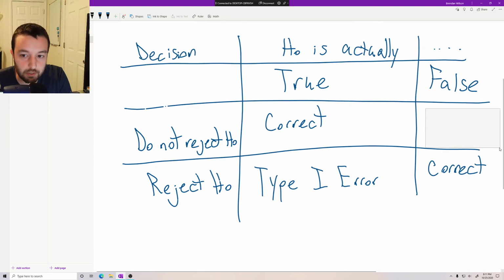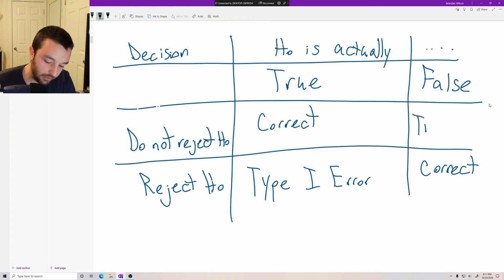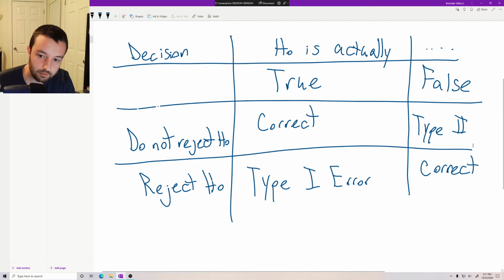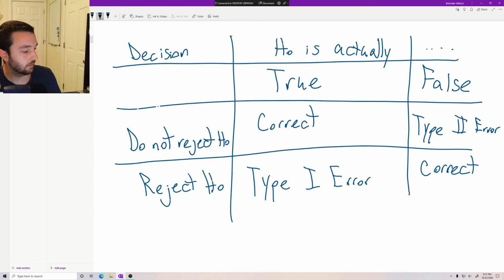So I'm sure you can guess what this one's called over here. If we don't reject it, but it's false, we should reject it. So if we don't, that's what's called a type 2 error. Okay. So there's three possibilities essentially. We do the correct thing, we make a type 1 error, or we make a type 2 error. Okay.